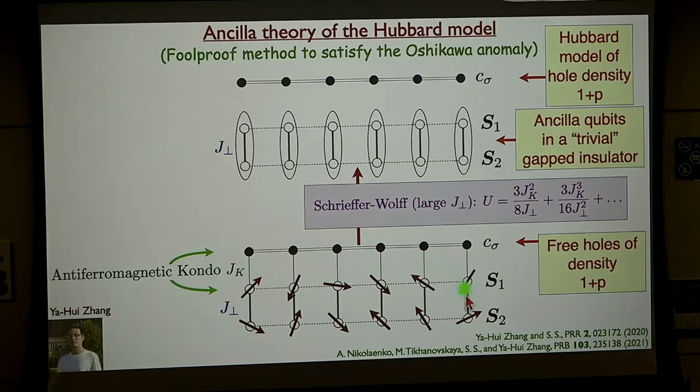And this is a 3-layer system where I have this Kondo coupling between the conduction electron and not just one antiferromagnet, but 2 of them. And I have to have 2 because if I just had 1, the 1 does not have a trivial ground state. There's no way I can write down a ground state with a broken symmetry for a single antiferromagnet at half filling. That's essentially the statement of the Lieb-Schultz-Mattis-Oshikawa-Hastings theorem.